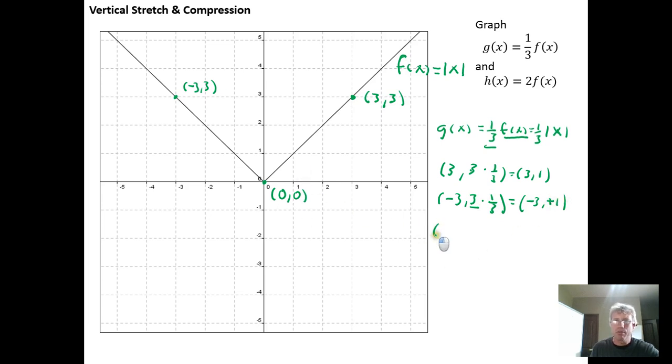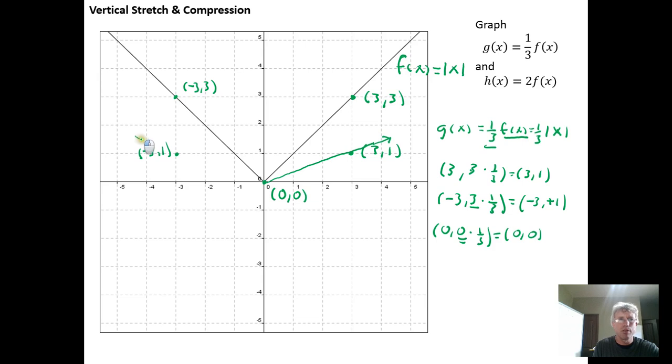And the origin, nothing's going to happen to it because you're going to take the output of 0, multiply it by a third, which is still going to be the point 0, 0. So I graph those points. 3, 3 got compressed by 1/3 to the point 3, 1. The point negative 3, 3 got compressed to the point negative 3, 1. And the origin stayed where it was.